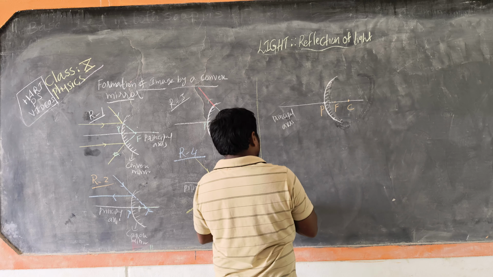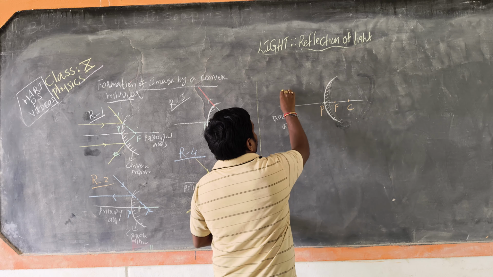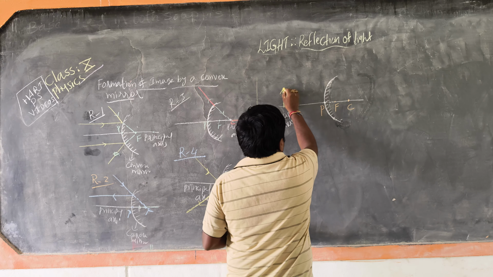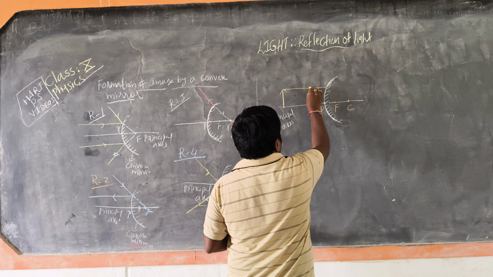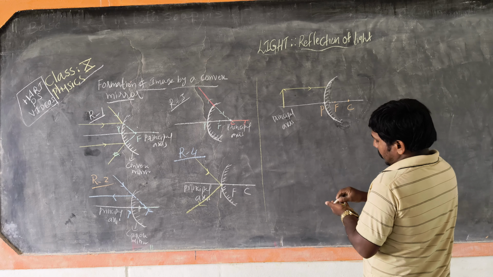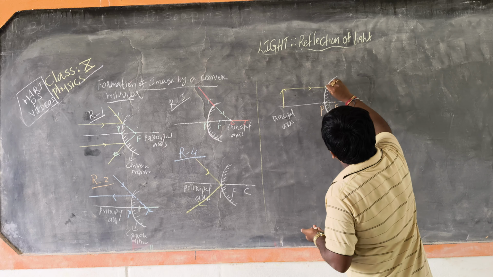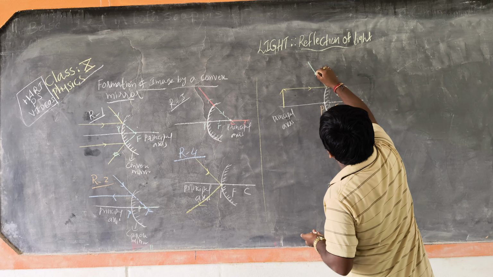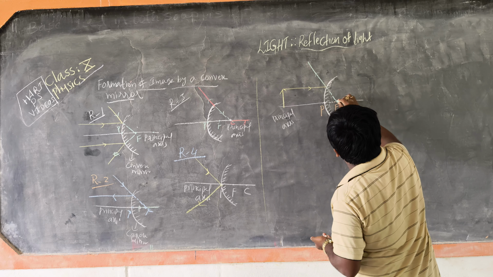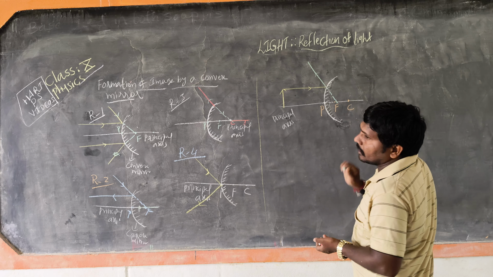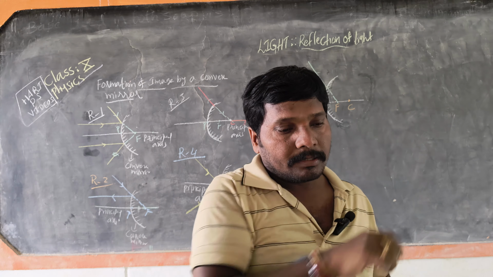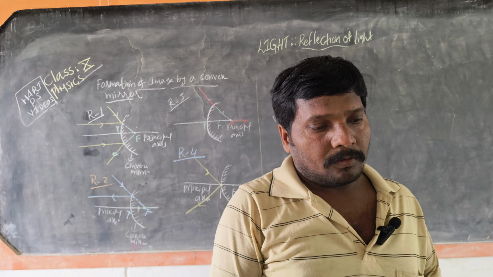If the object is here, then first, as usual, a ray parallel to the principal axis. What will happen to it? After reflection, it passes through focus. With a single light ray we cannot explain it, so one more.